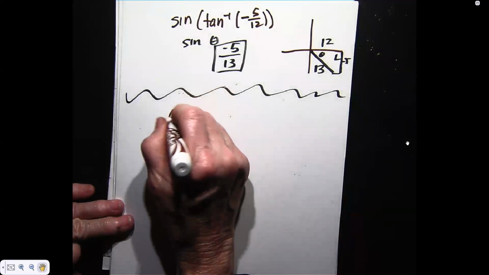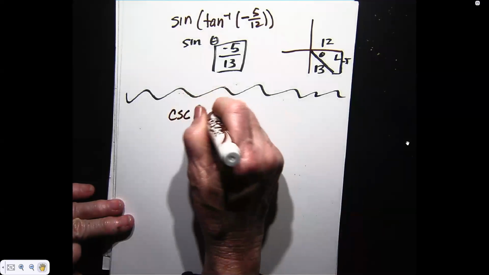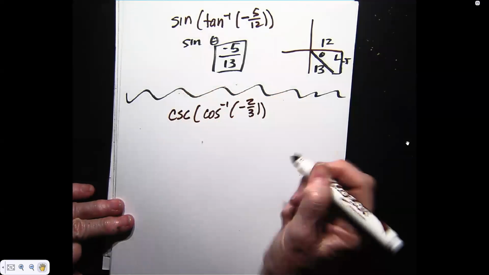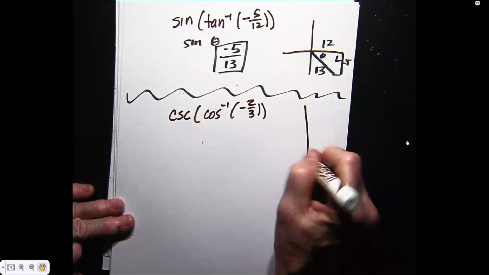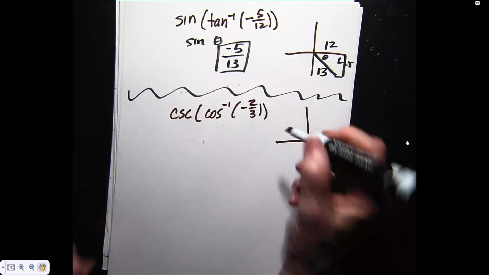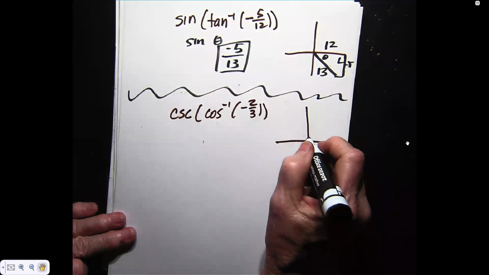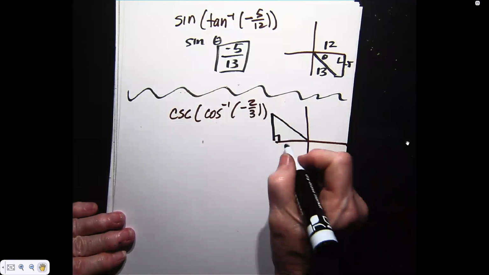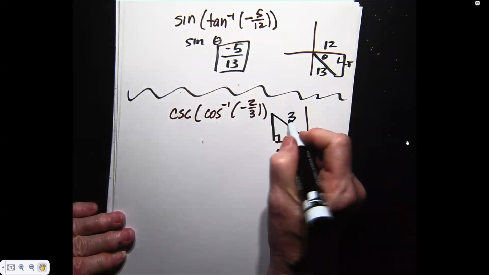If I wanted the cosecant of the cosine inverse of -2/3, draw your triangle, and remember cosine is negative in quadrant 2. So I'm going to come here and draw my triangle. Cosine is adjacent over hypotenuse.